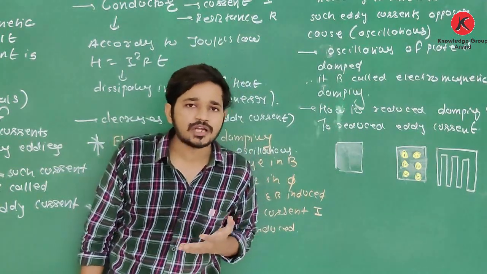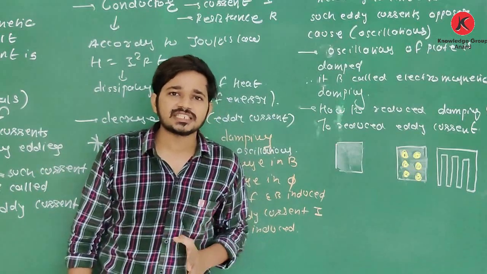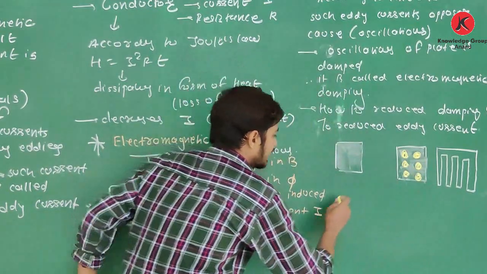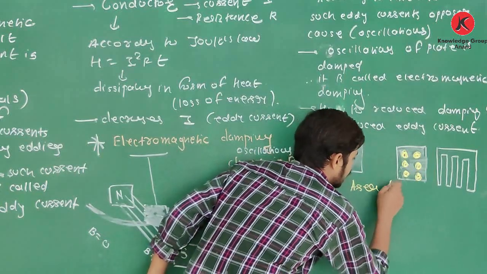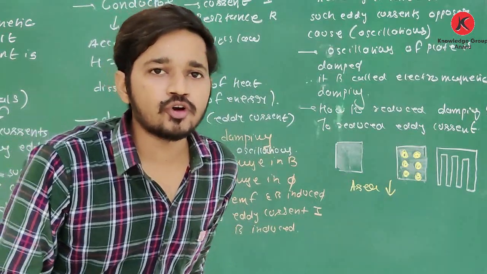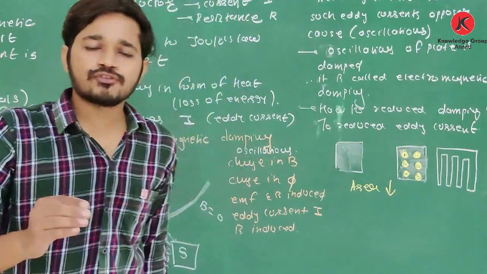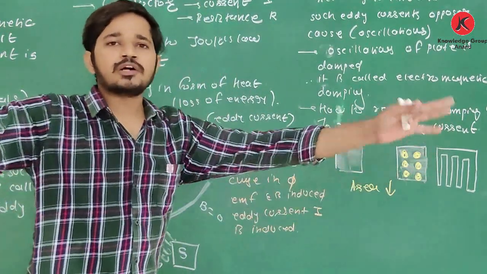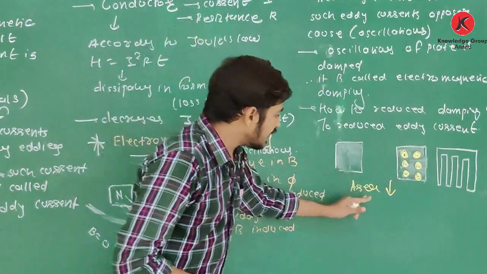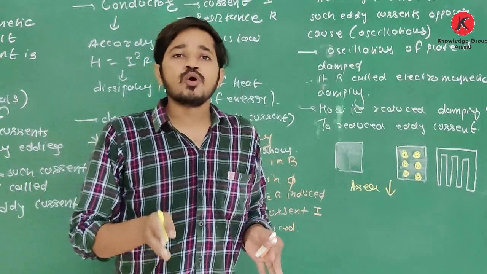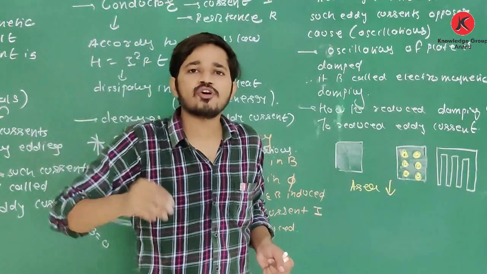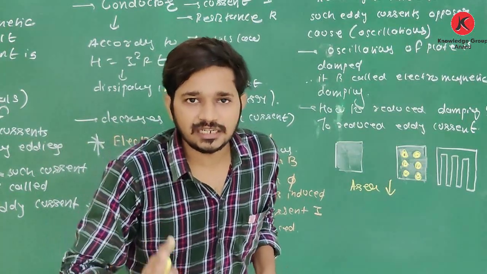Yes, current means what? Current means flow of charges. Here, in these two cases, as effective area decreases, the region to flow charge decreases. For electron to move, there is not a large area. So flow of charges is restricted. Clear about this?